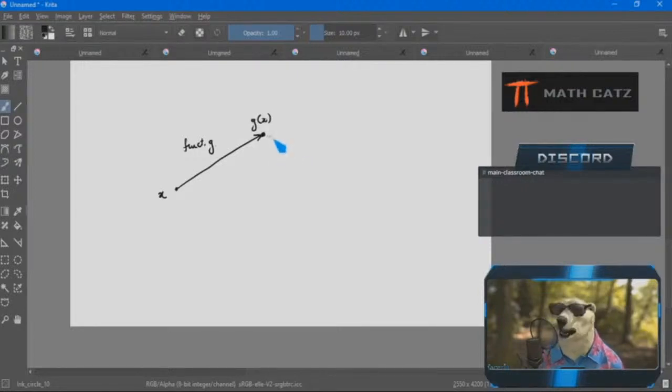But now I'm going to take that answer and apply another function, and I'll call it f. So I'm now going to apply another function to the output I got after the first step. Therefore, my new input is this g of x, so my output is f of g of x.